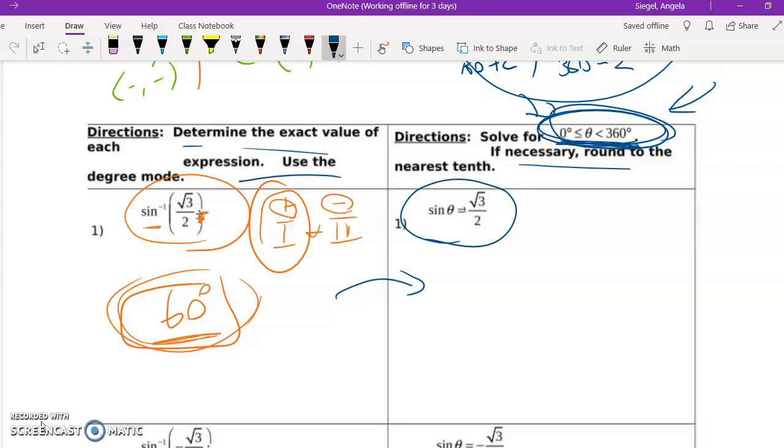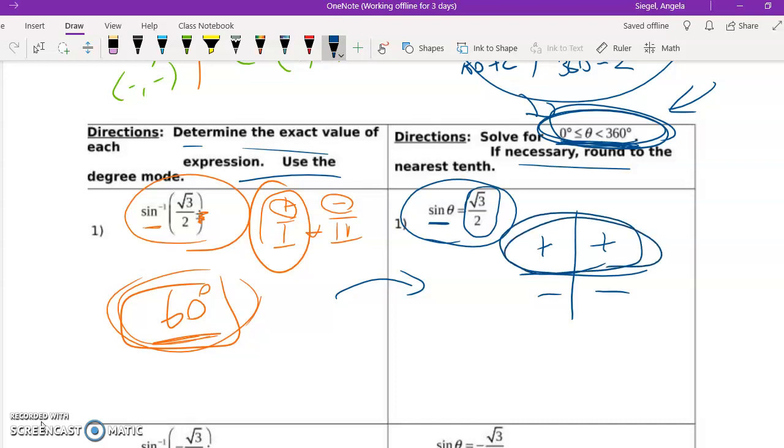Of the 4 quadrants, I'm noticing that this is positive. Sine is positive here and here and negative here and here. So I know that I'm going to focus on these top 2 quadrants and not down there. I also know, if I'm using my unit circle, that my reference angle is 60 degrees. That gives me a heads up.